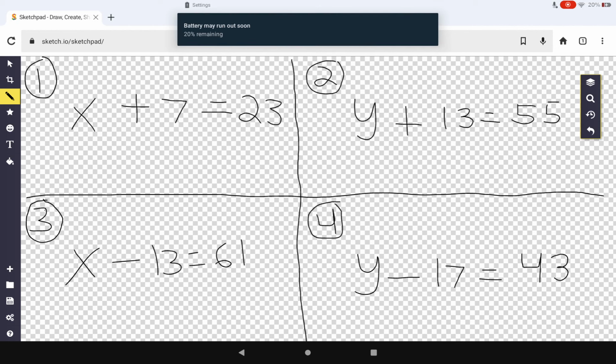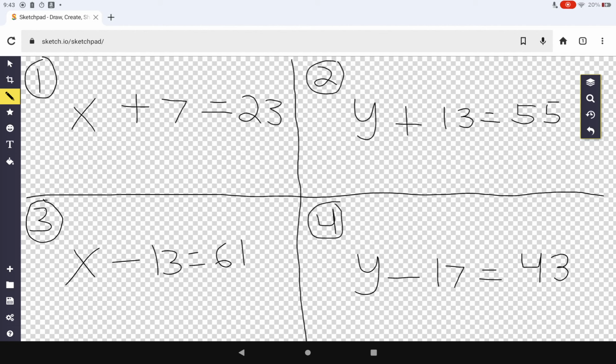So what we actually have to do is subtract, and we have to use the inverse operation of addition, which is subtraction, because you don't want a larger number. Say for x right here, I can't have a larger number.